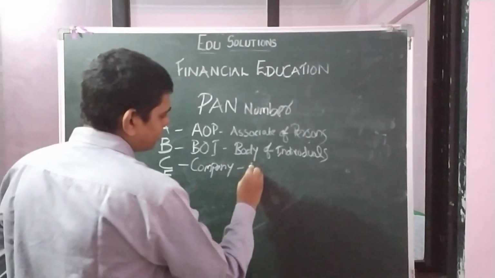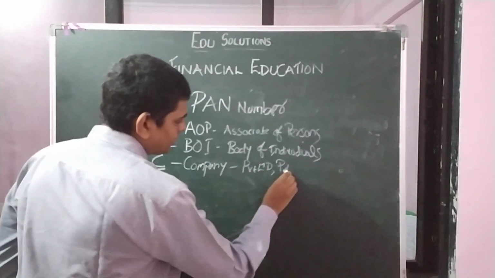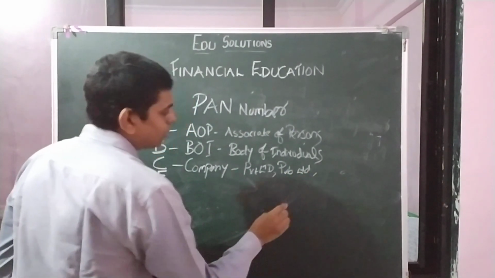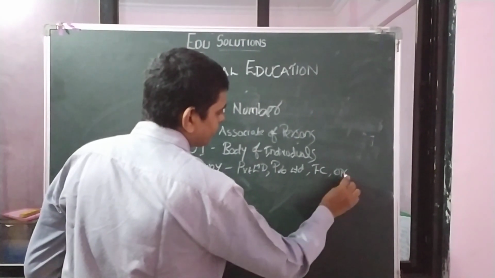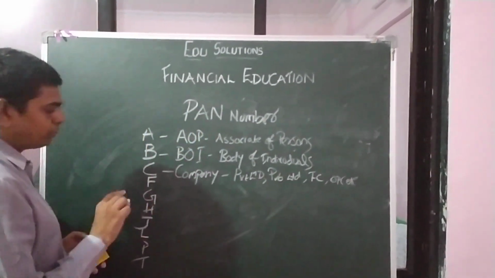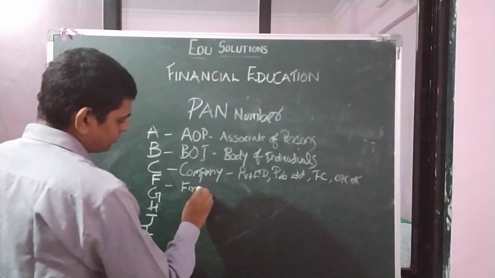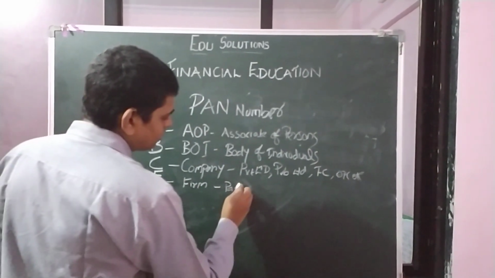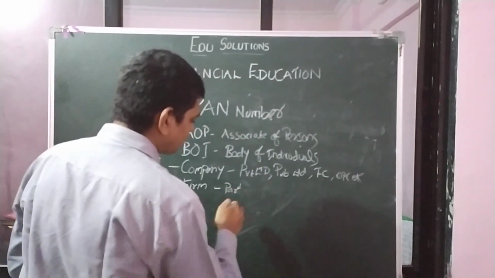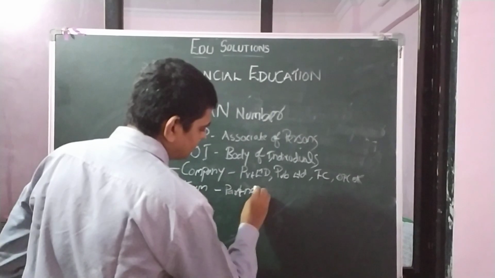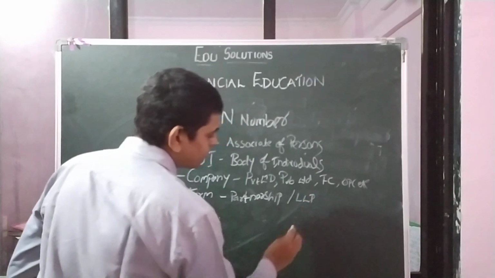There are a lot of companies, which are private limited, public limited, foreign company, one person company, etc. So all companies come under C. F is firm, which is partnership, as well as LLP, limited liability partnership.